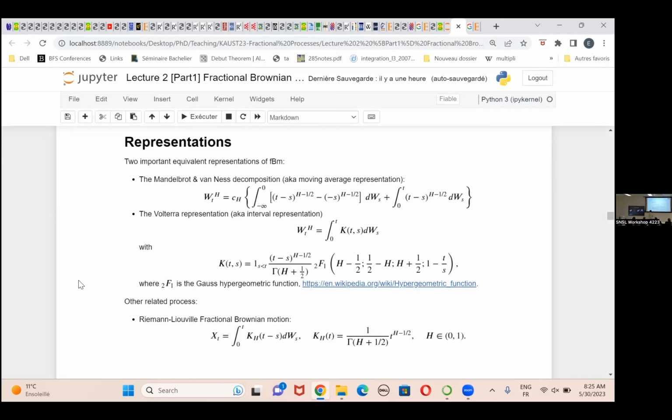You can say, let's drop this part here, and simply consider a simpler object, which would be simply this, and this has a name. This is the Riemann-Liouville fractional Brownian motion.